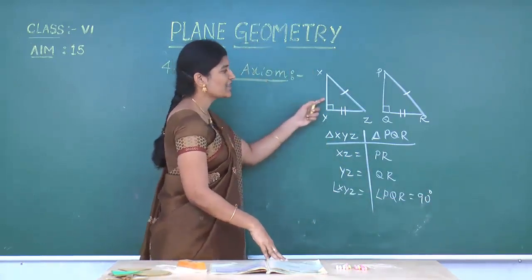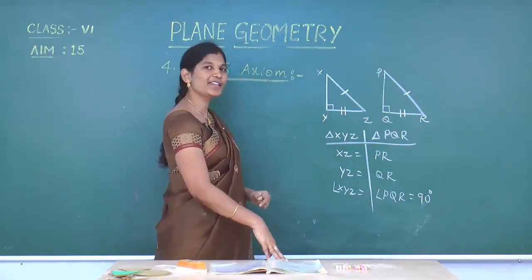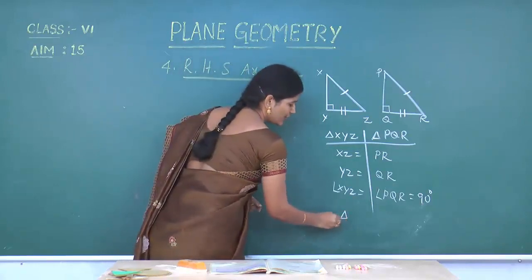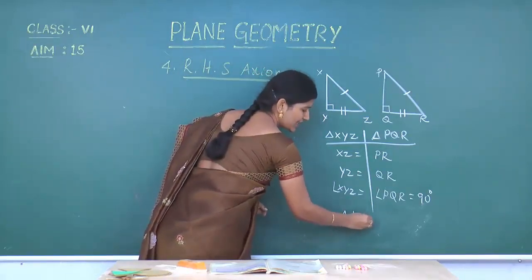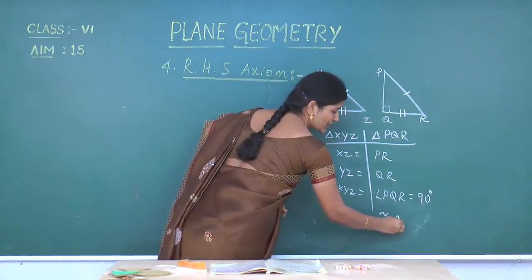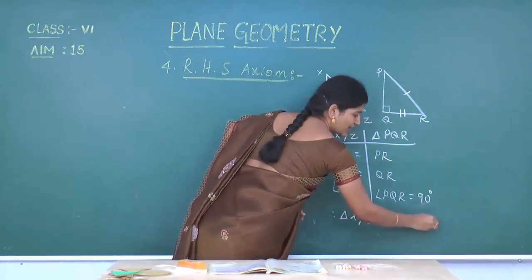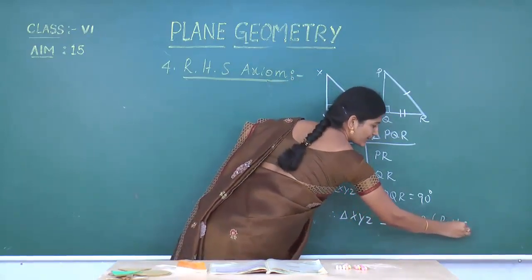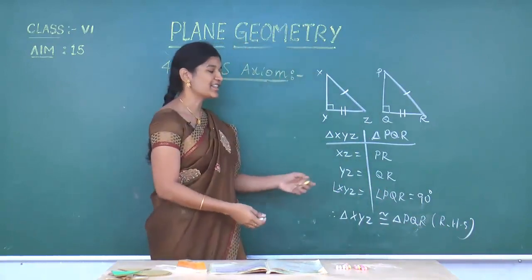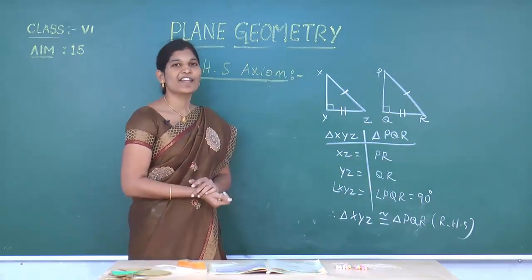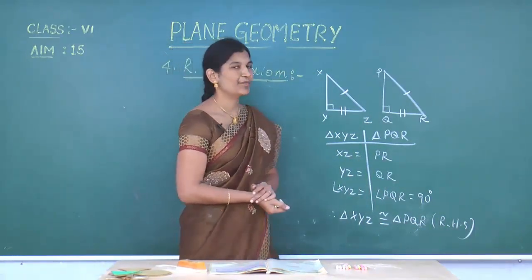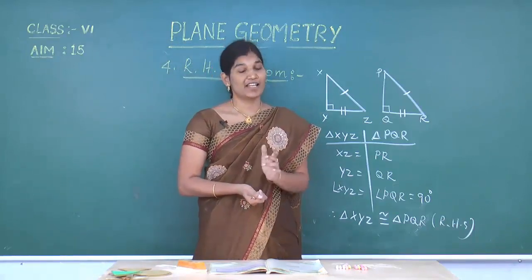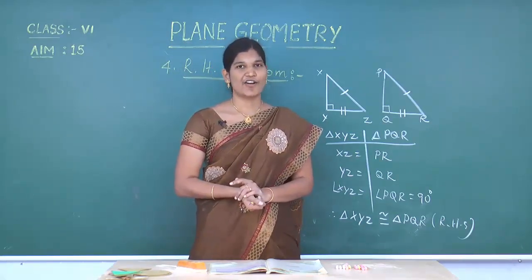So we can say these two triangles are congruent to each other. Therefore triangle XYZ is congruent to triangle PQR by the RHS axiom. In this way we can prove whether triangles are congruent or not.